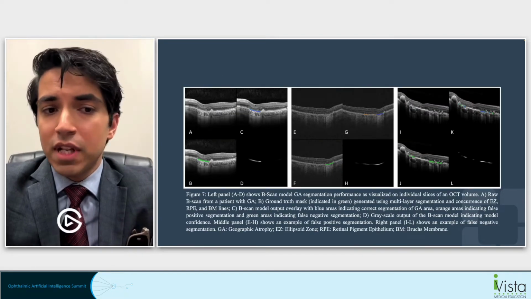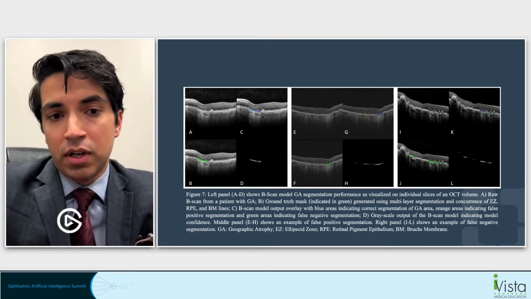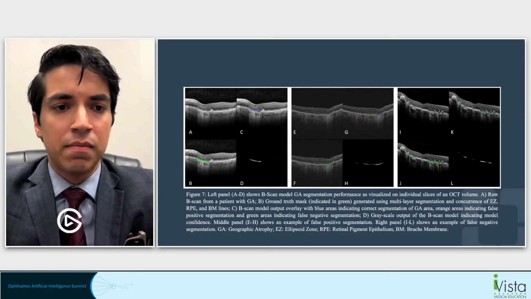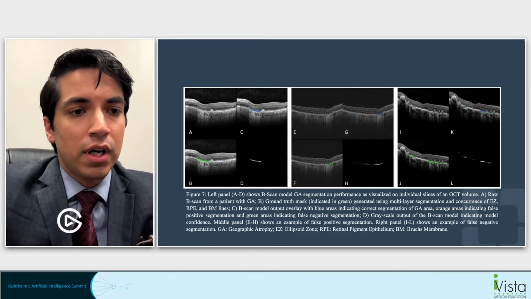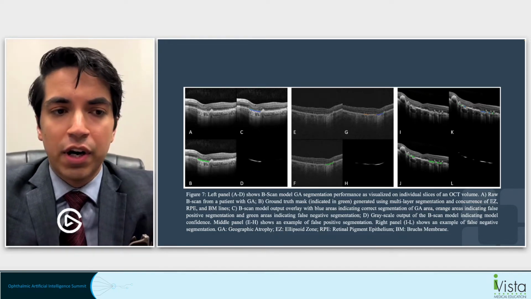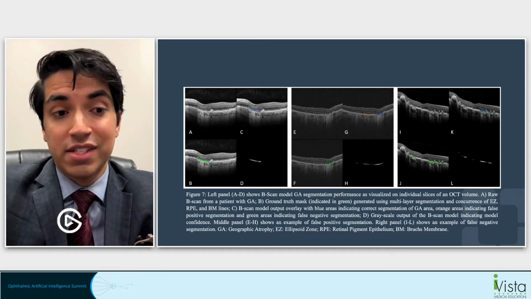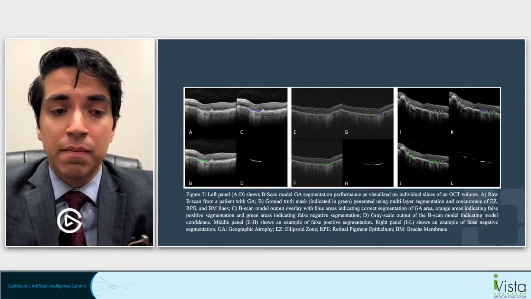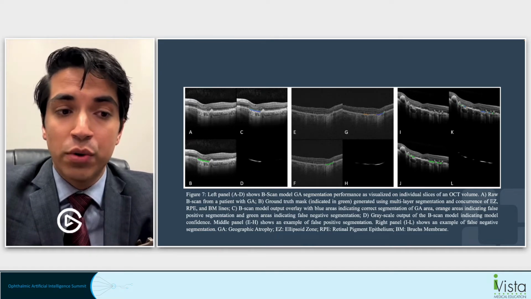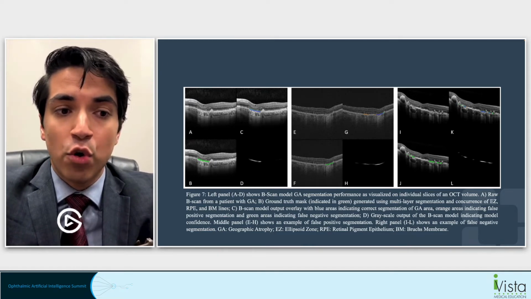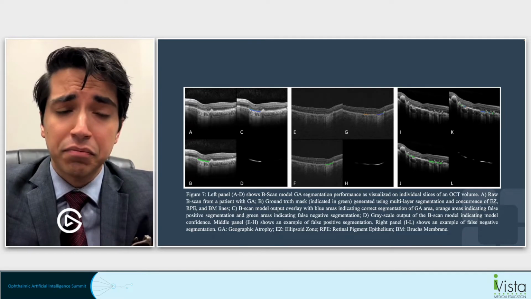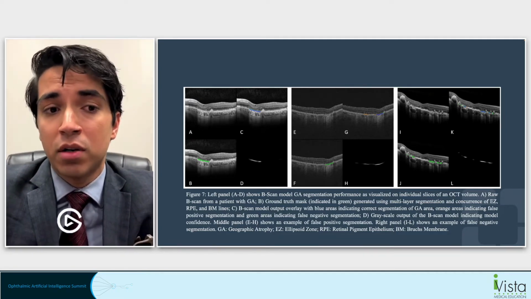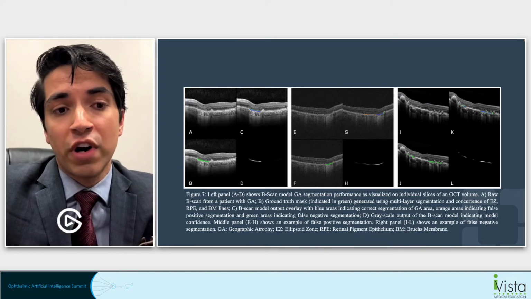This slide shows some examples of the outputs from our B-scan model. The first panel on the left, labeled A, is the raw B scan, and figure B shows what the ground truth annotation was for identification of cRORA or geographic atrophy. In figure C, you can see the blue areas are the areas where the model and the ground truth overlap with each other.